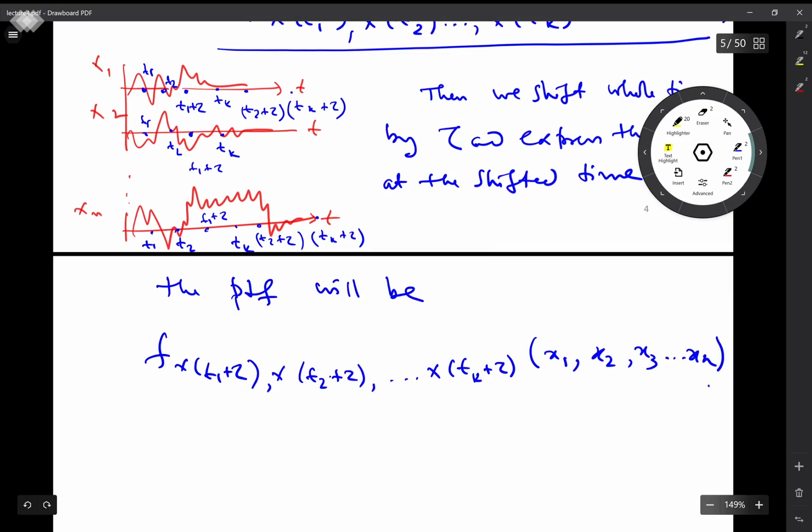And if both the PDFs are the same, what does it mean?